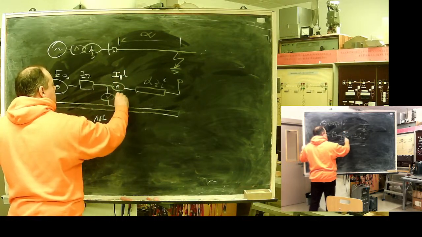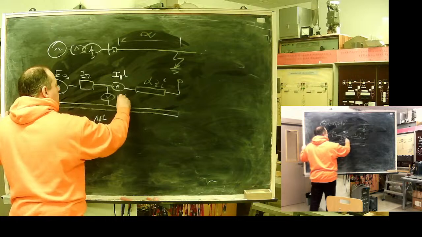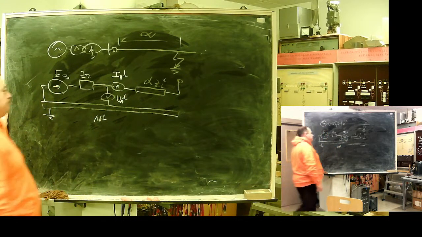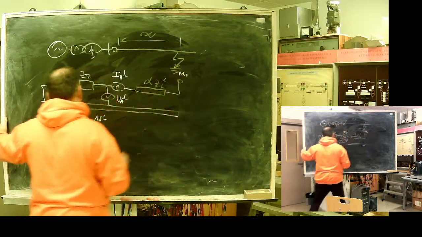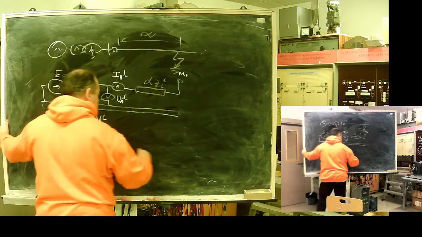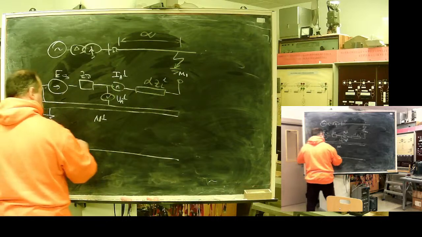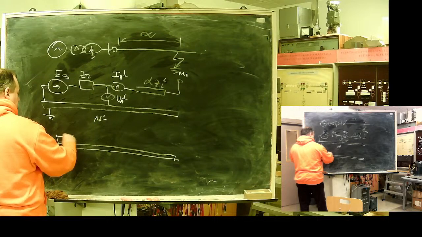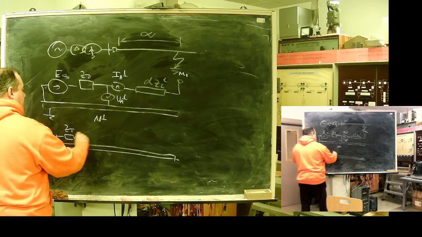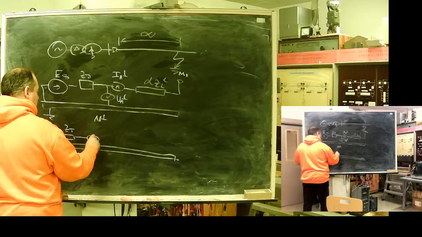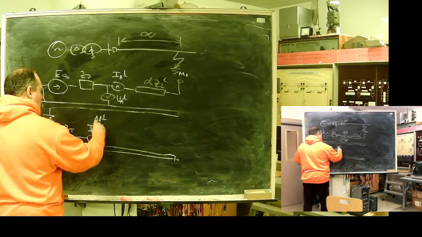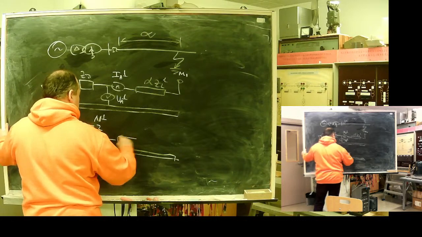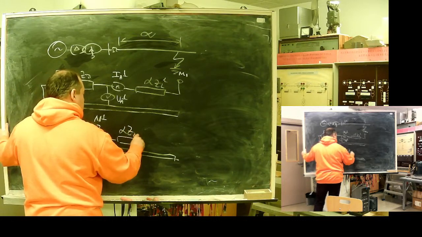Of direct sequence voltage, my relay observes. Negative sequence of Z1.